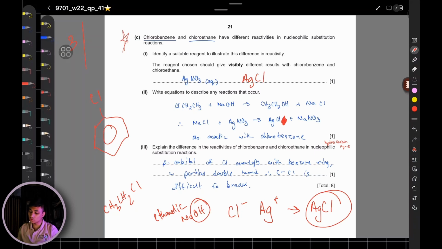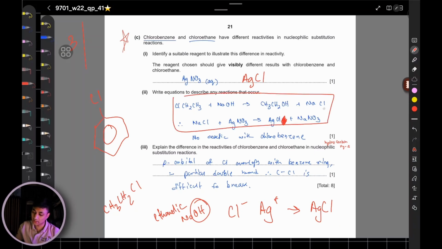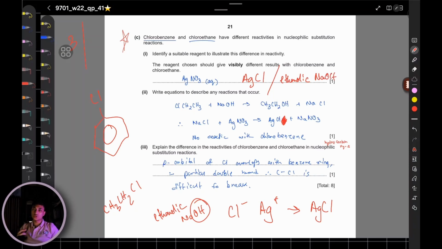And this is then going to give you your precipitate. So that is exactly what I've explained over here. However, over here, you can mention ethanolic NaOH and say the reagent is going to be AgNO3.